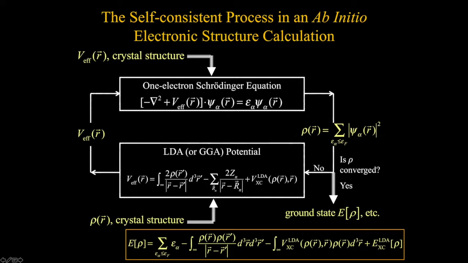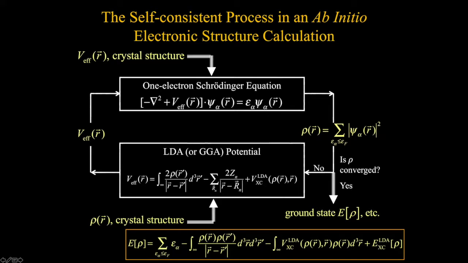Then you compare the charge density with the previous step. If it's not converged, you use it to reconstruct the effective potential, go back to the original Schrödinger equation, and solve it self-consistently.